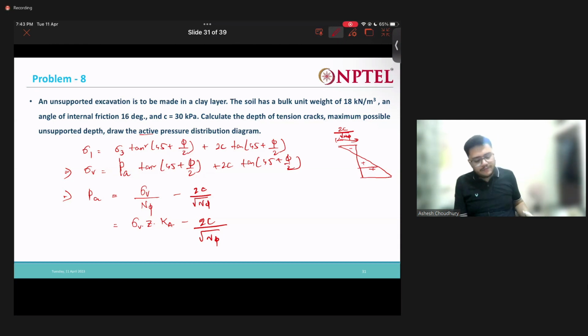Now calculate the depth of tension crack. There is only a possibility of tension cracks occurring in this portion, in this depth. Let us call this depth z naught. At z naught, my pressure is 0, right? So we equate this pa to 0 and put z equal to z naught.